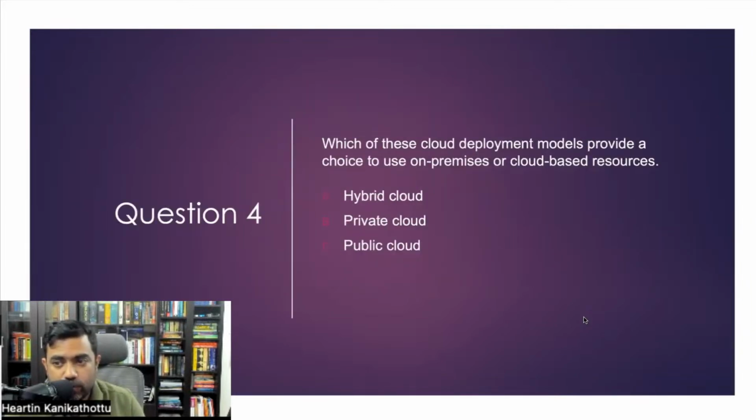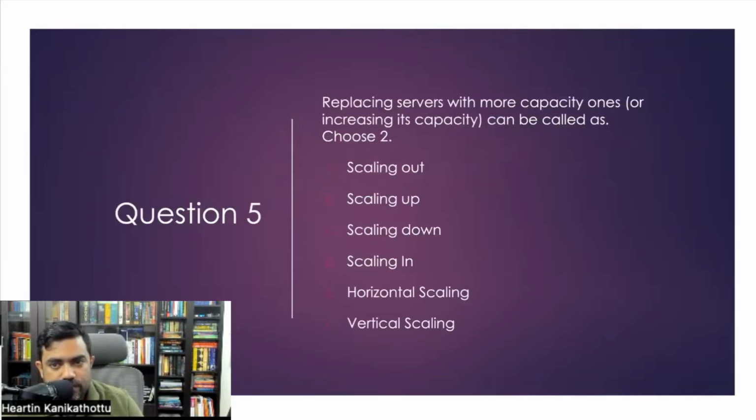Which of these cloud deployment models provide a choice to use on-premises or cloud-based services? It's very easy, right? Hybrid. This one is from part 2, today's session. Replacing servers with more capacity ones or increasing its capacity can be called, give 2 options.